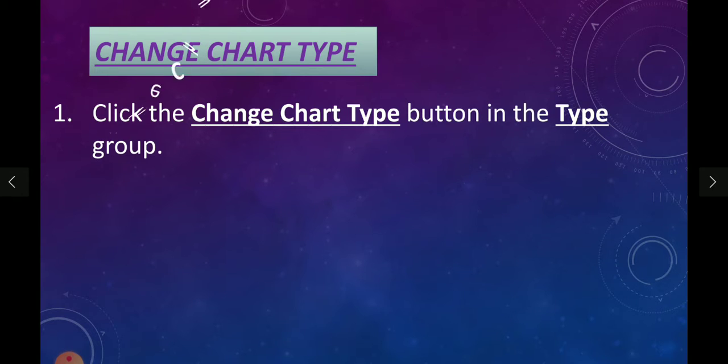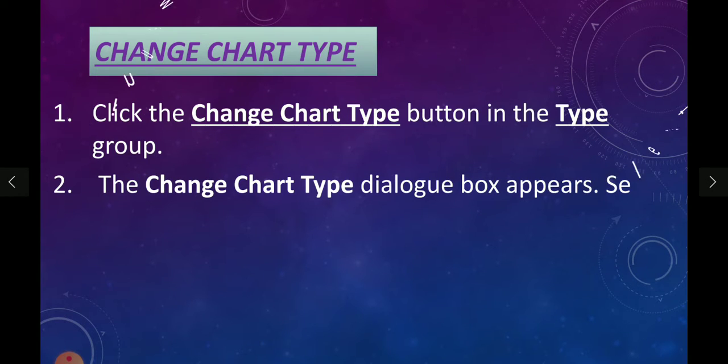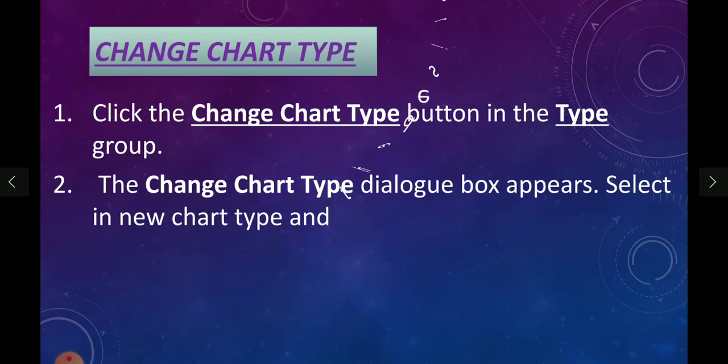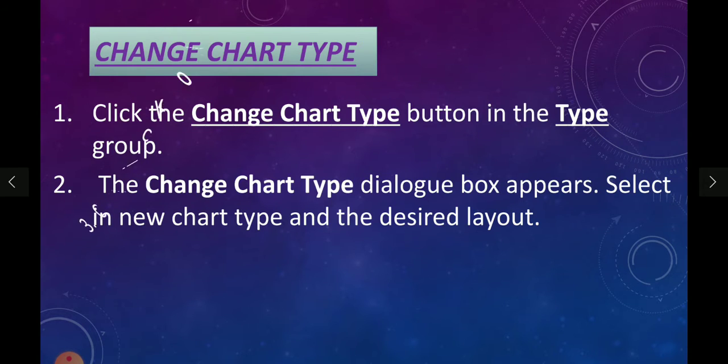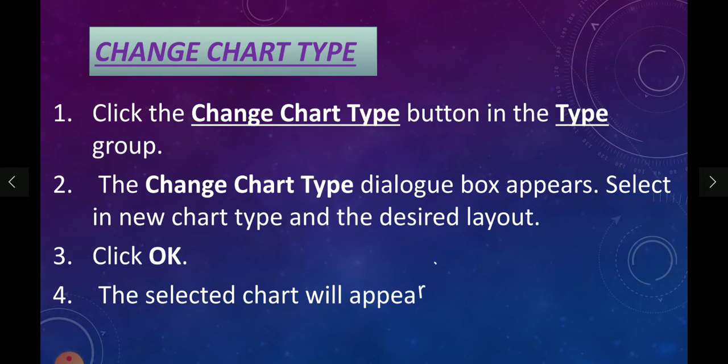The second step is the Change Chart Type dialog box appears. Select a new chart type and the desired layout. We know what layout is. We select a new chart type for that data, click OK. The selected chart will appear.